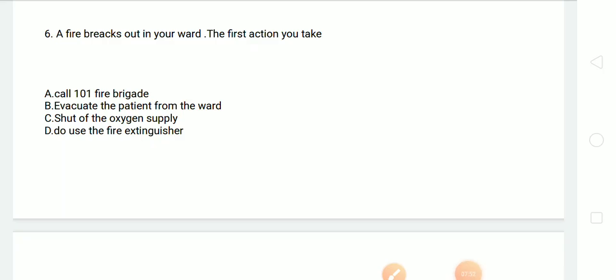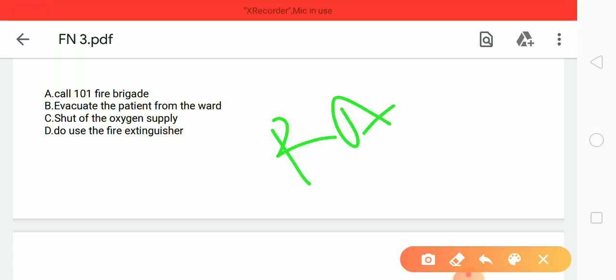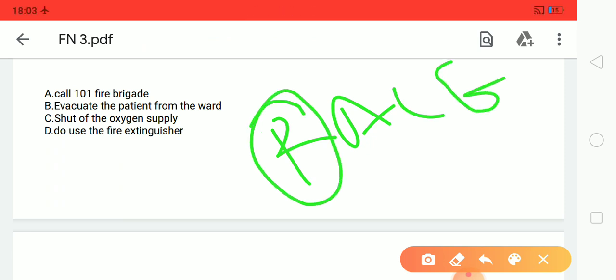You may remember a trick for these steps. The trick is RACE. R means rescue, the first step: shut off the oxygen supply and rescue, evacuate.